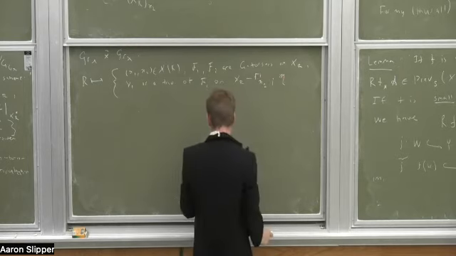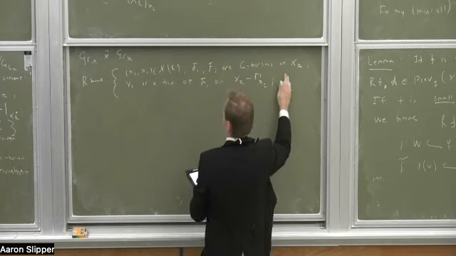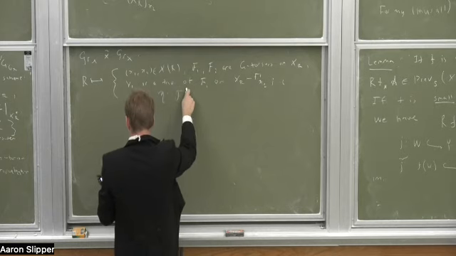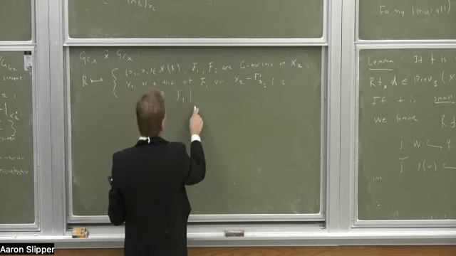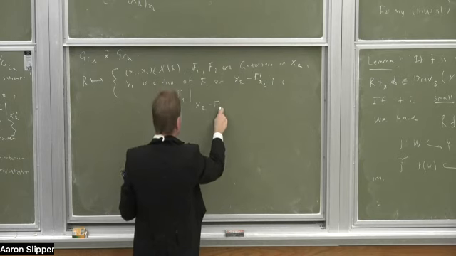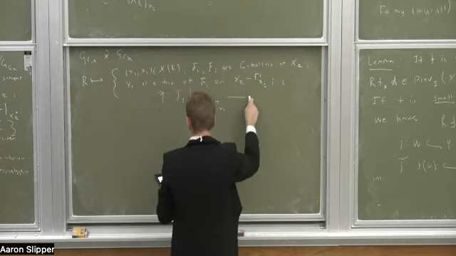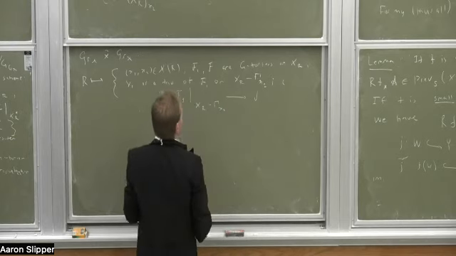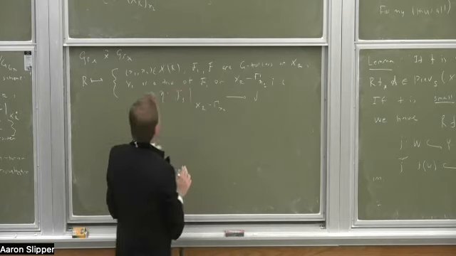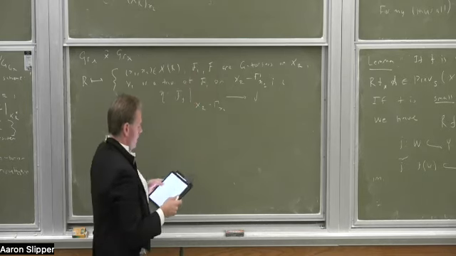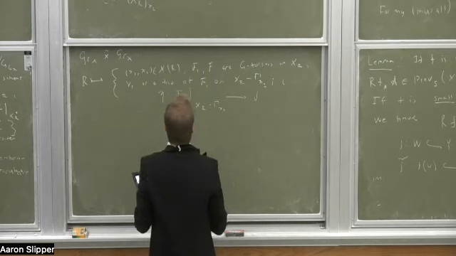We have an extra data of eta, which is an isomorphism of F1 restricted to XR minus the graph of X2 with F. I should just have F1 and my second one should have no subscript. We're going to have two G-torsors, one of which we'll call F1, one of which we'll call F, to make it clear that there's a sort of asymmetry here.